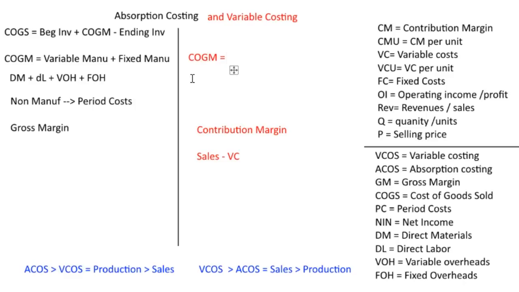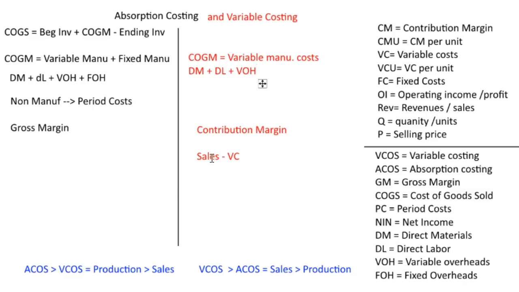And this actually also gives us the formula that we use, that the cost of goods manufactured is just your variable manufacturing costs. And if you want to expand that further, then you could say that it's your direct materials plus your direct labor, of course, direct labor is seen as a variable cost, and your variable overheads.